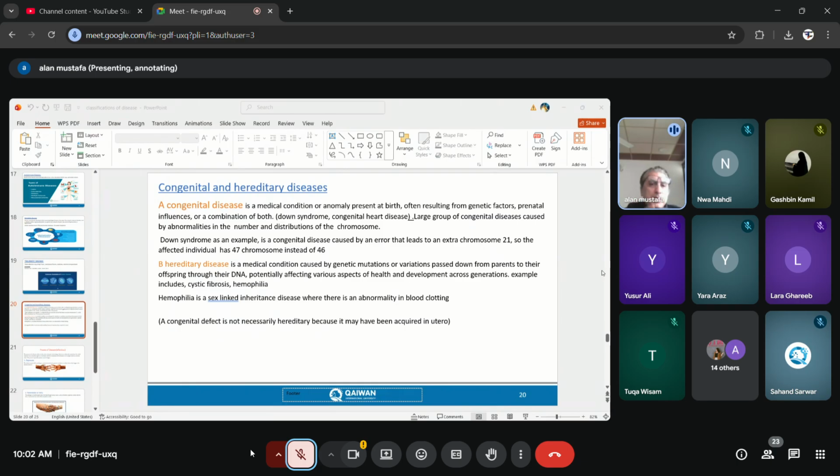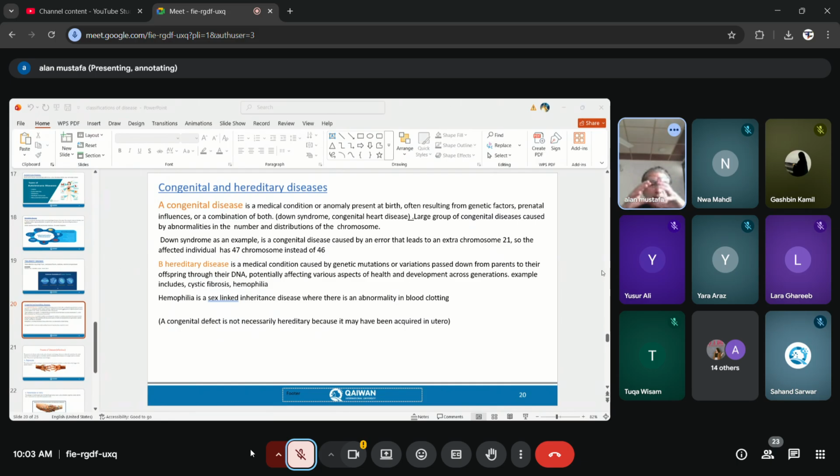chromosomes. You still have it since birth, but it might be something with, for example, when the fetus develops in the uterus of the mother, there's a problem with this development. The baby doesn't grow properly, so it has some problem after birth.